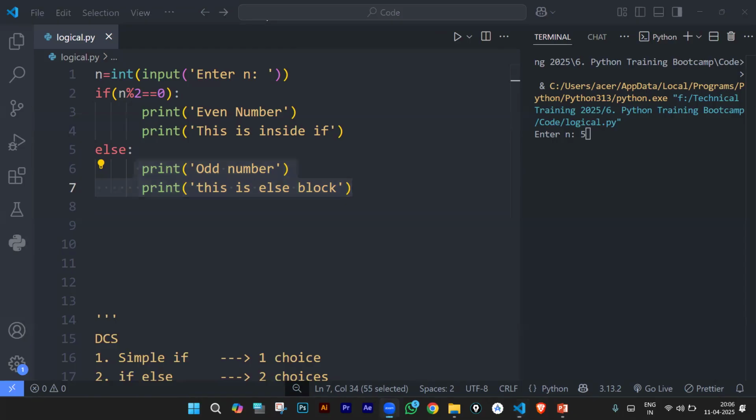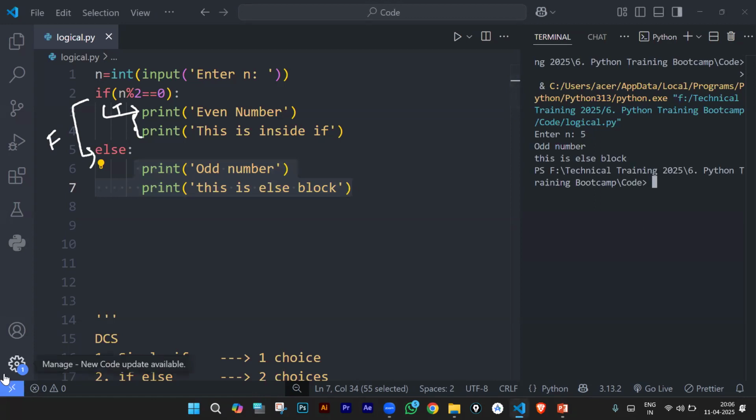I hope you remember. What did I tell you about else? If none of the conditions above are true, by default, else will be executed. If this if is true, then if block will be executed. If the if is false, else block will be executed. Here, what we have written is false, so this else block for odd number will be executed.